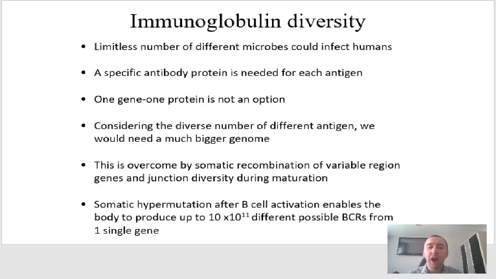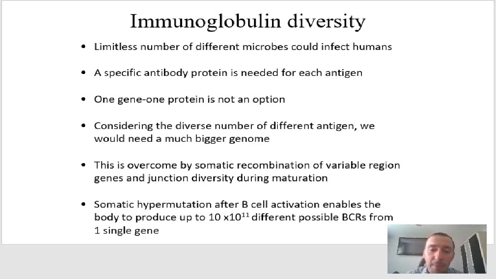So for now we're going to focus on B cell receptor or immunoglobulin gene rearrangement. And this is the concept we have. There's a limitless number of microbes that we could be infected with from the environment. And the challenge we have is we need a specific B cell receptor or antibody for each individual antigen.